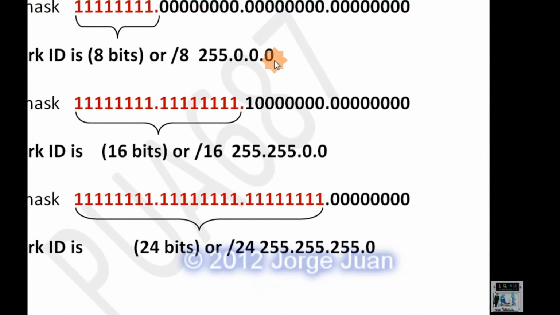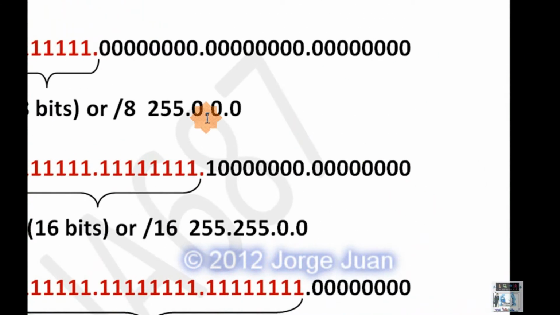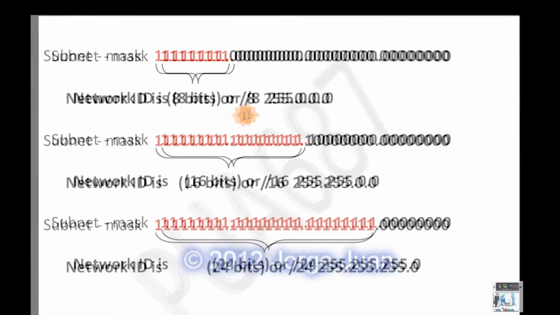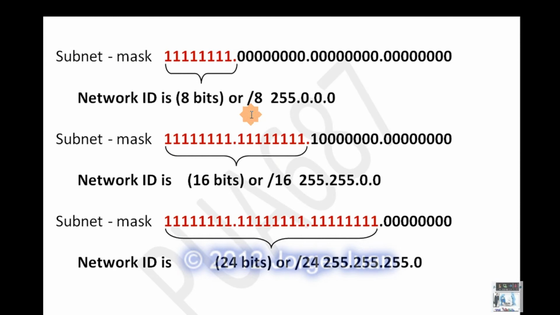But just know that if you hear class A, class B, and class C, this is what people would be talking about. The slash notation is known as classless interdomain routing, or CIDR.